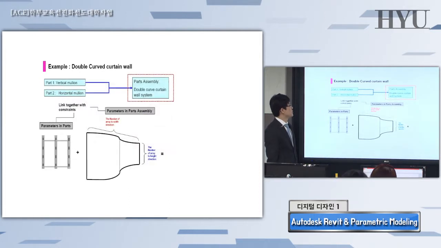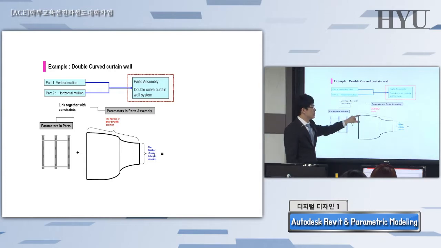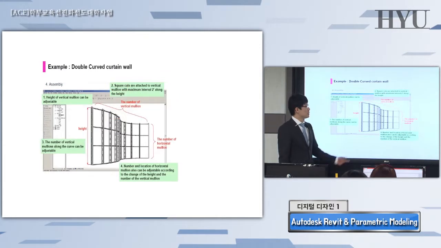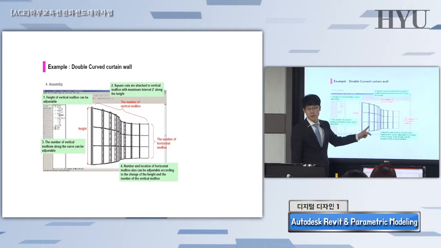So for making this, we prepared this kind of process diagram, the same as the one that I showed you before. Parts are going to be assembled and installed in the actual project in this wall, okay? So by using the family editor, we need to define this object. In Revit, you cannot find this object, okay?